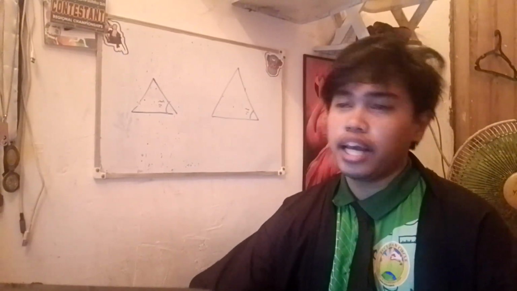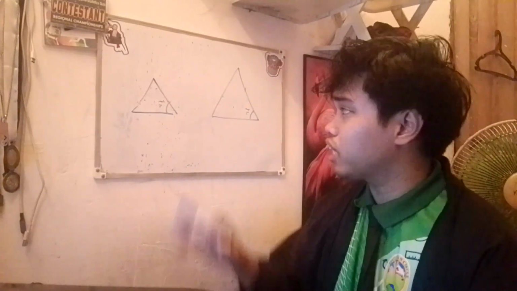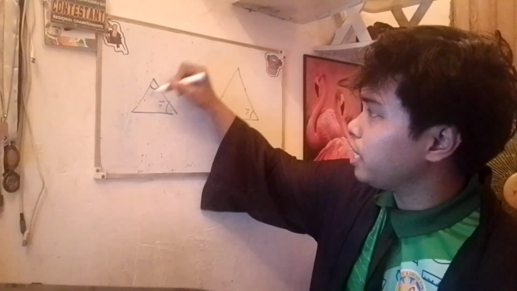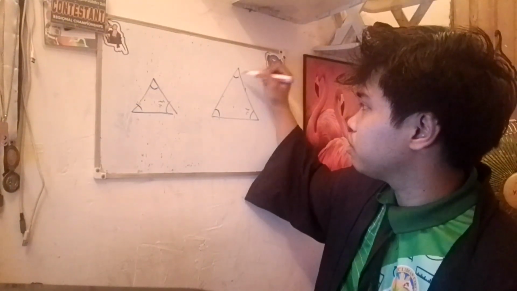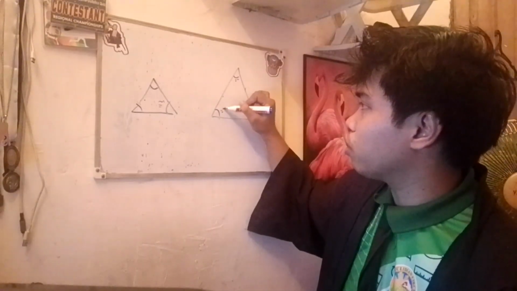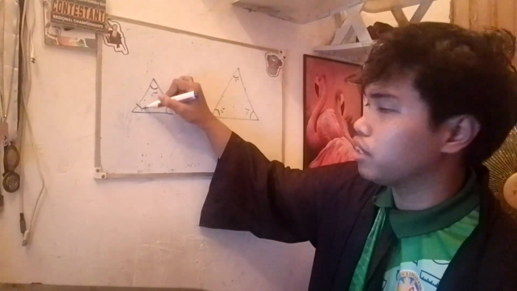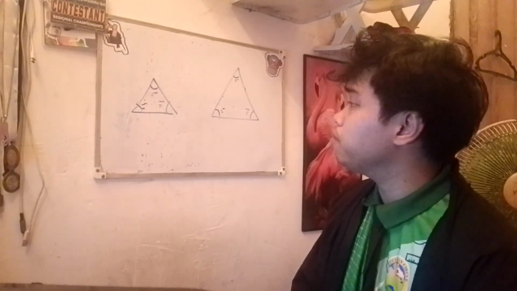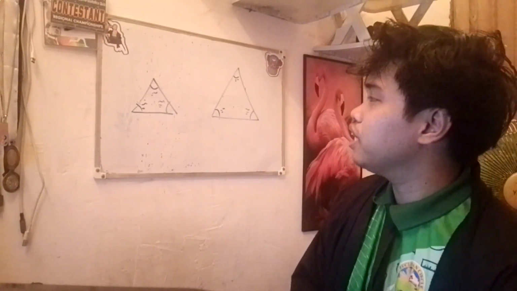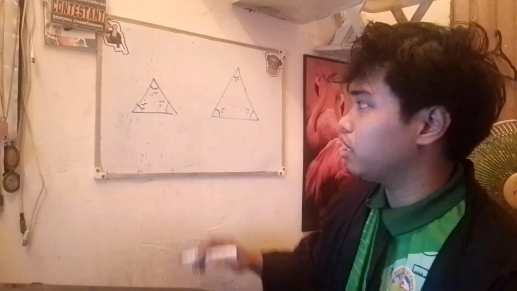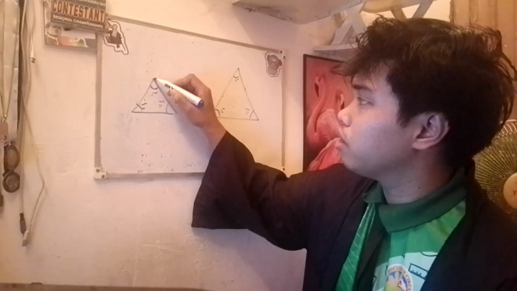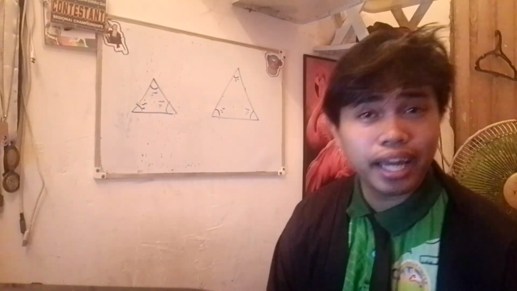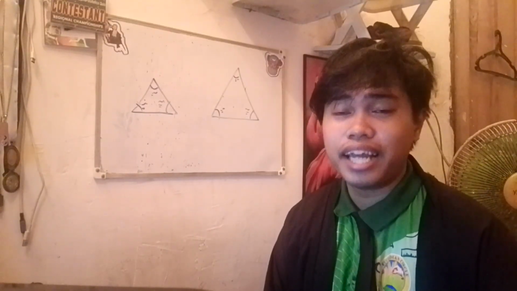So in regular geometry, if two triangles have the same angles, they are congruent to each other, they might be different in size but the same shape. This is accepted in normal Euclidean geometry because we are discussing the flat space.